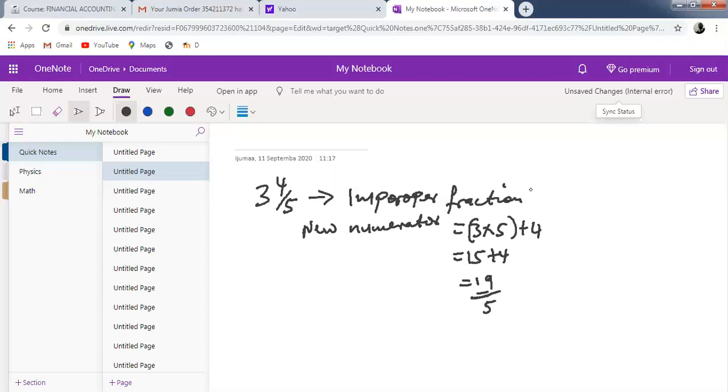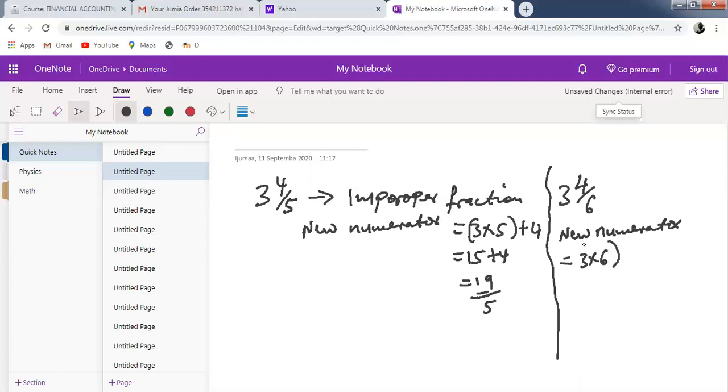We can have another example on the same, where you have 3 and 4 over 6. First of all, get the new numerator. The new numerator will be equal to 3 times 6, then we add 4. In this case, it is 18 plus 4, which is 22.